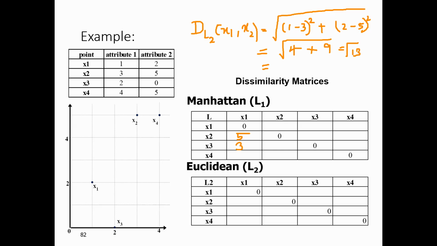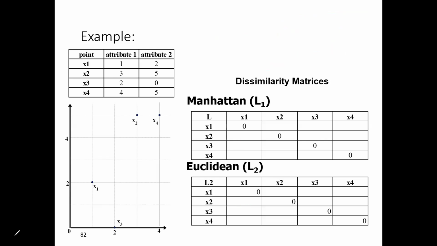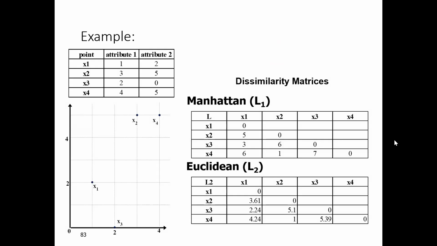So I can say the distance here using Euclidean will become 3.6. Okay, can you tell me the Euclidean distance between x1 and x3 then? If you calculate correctly, you should get these answers, which will give you the distance among these data points.